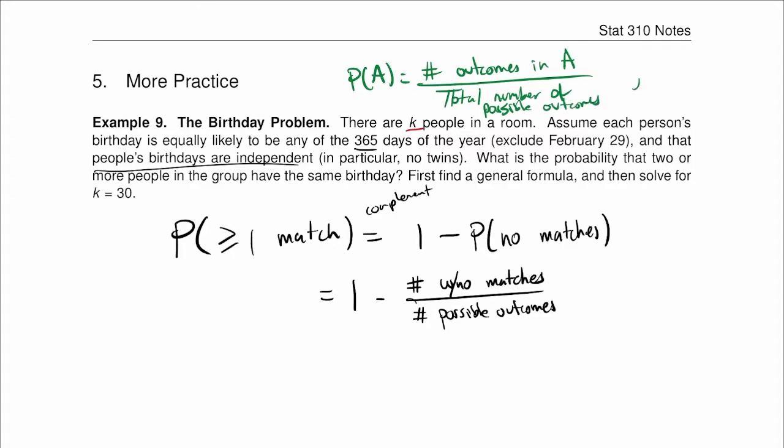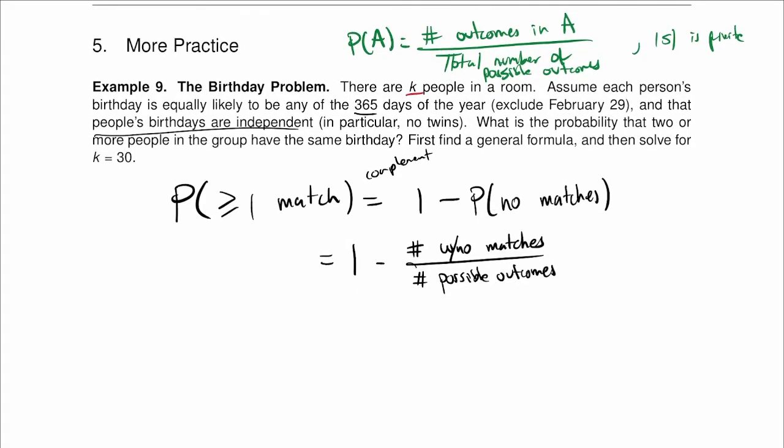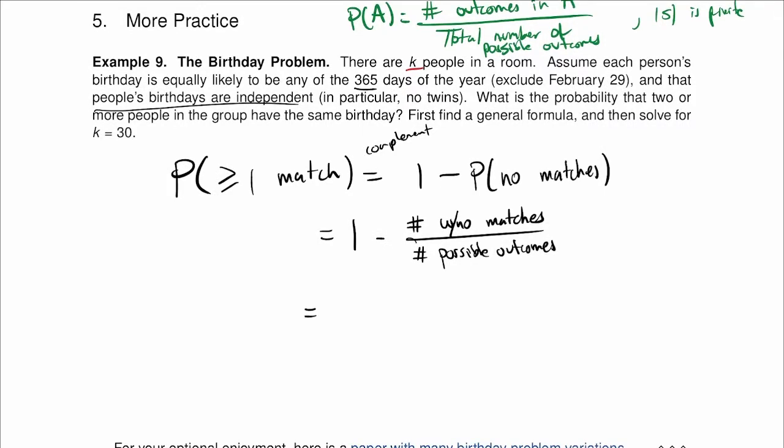This is if our sample space is finite. So how to calculate this? Well, the number of possible outcomes is going to be, if we have k people, let's say we have 1, 2, 3, 4, 5. We have k people here.